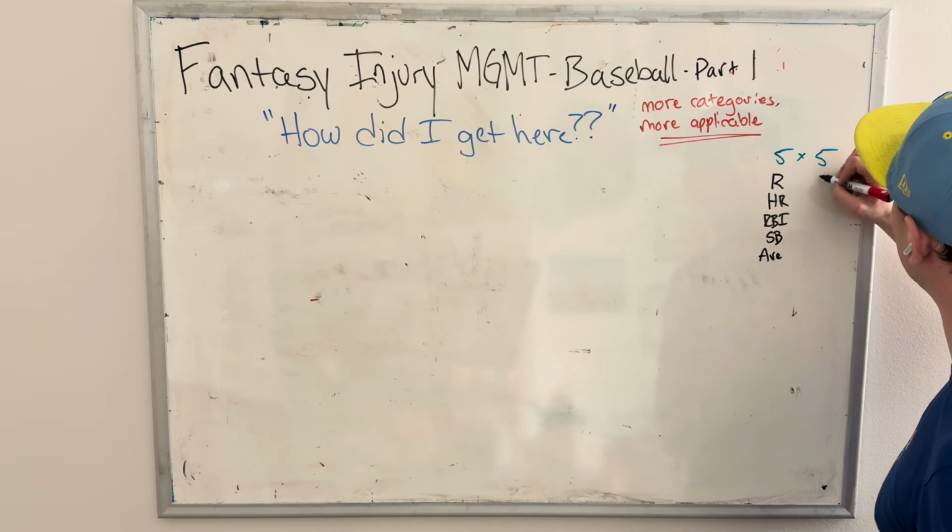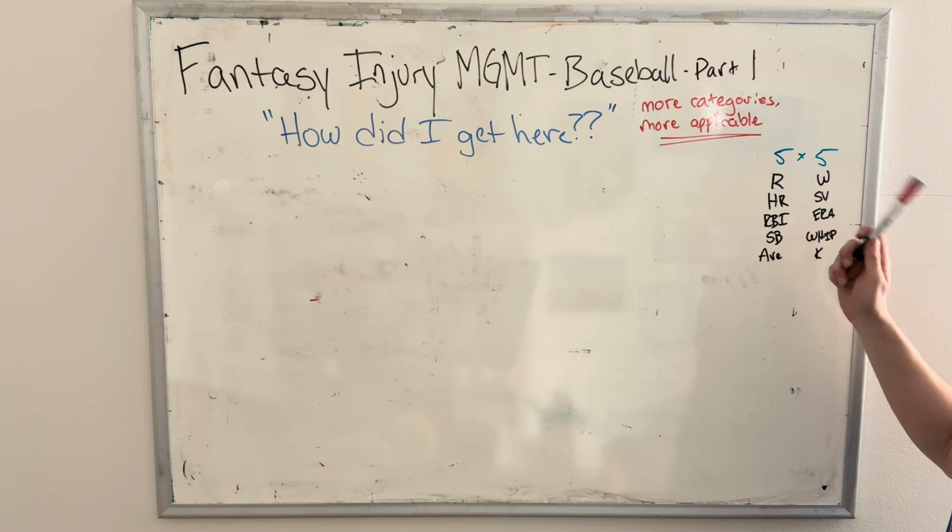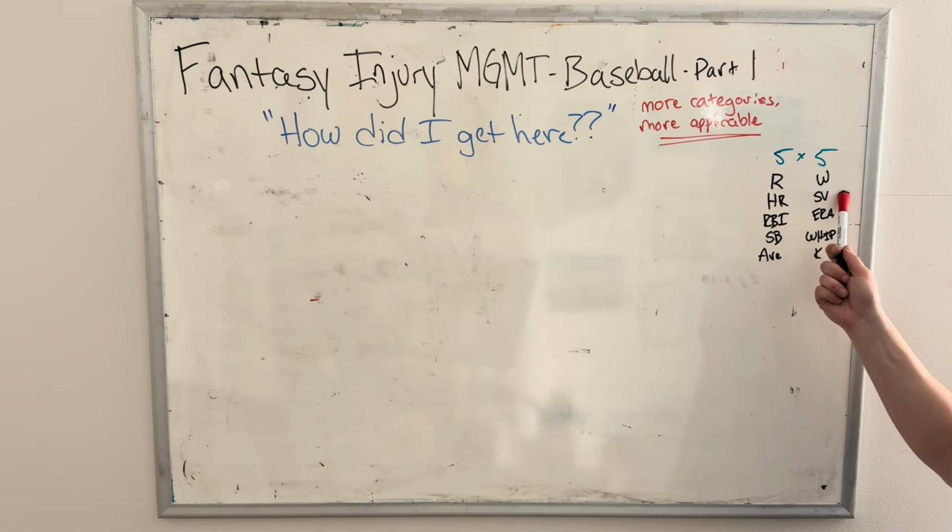For pitching, it is wins, saves, ERA, WHIP, and Ks. Now, right off the bat, batters contribute to all five. Relief pitchers and starting pitchers only contribute really to four. You could say that long relief guys now contribute to wins, but normally you're going to take the closers, so we're not going to really count that.